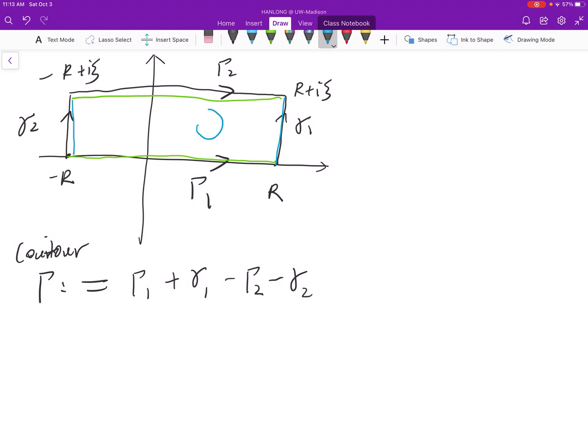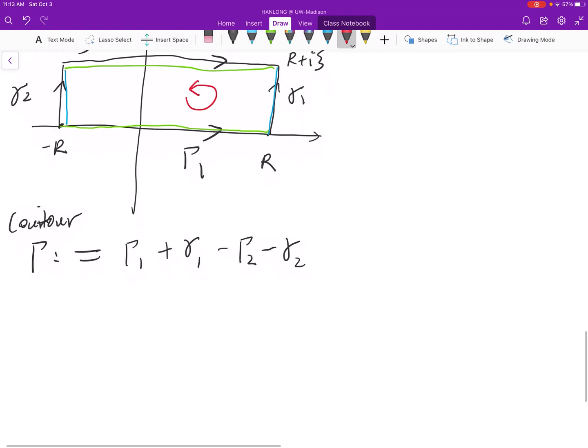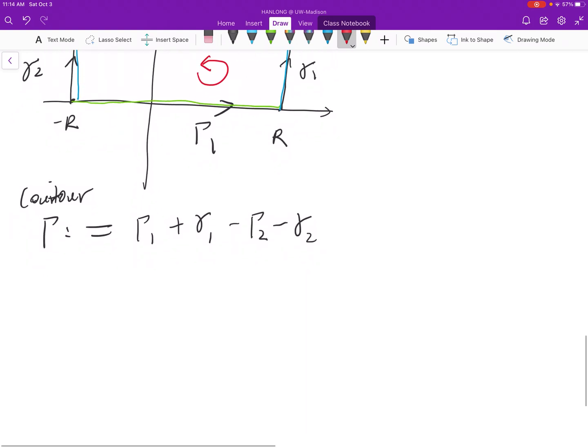So that's a loop. Okay, now you have a loop. What is your function? In our case, it's very natural. Consider f(z) equals exponential negative pi z squared. This is a holomorphic function on C. In some textbooks, a holomorphic function on C is also called an entire function.